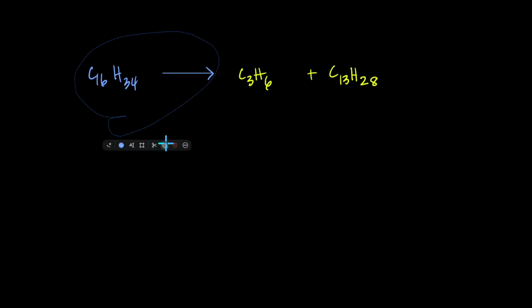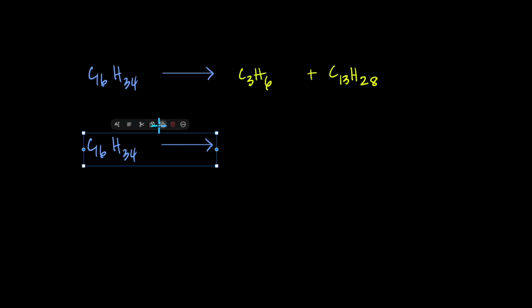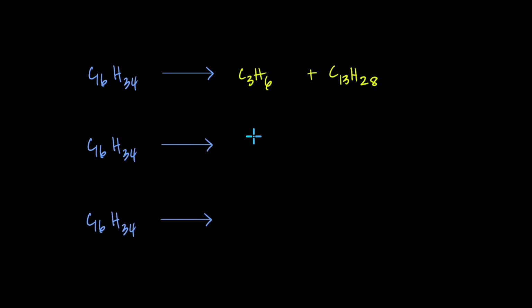And you can crack anything. You can take a fellow that is, let's say, C16H34. You can make a small alkene and a large alkane. Or you can make it into a small alkane and a large alkene.